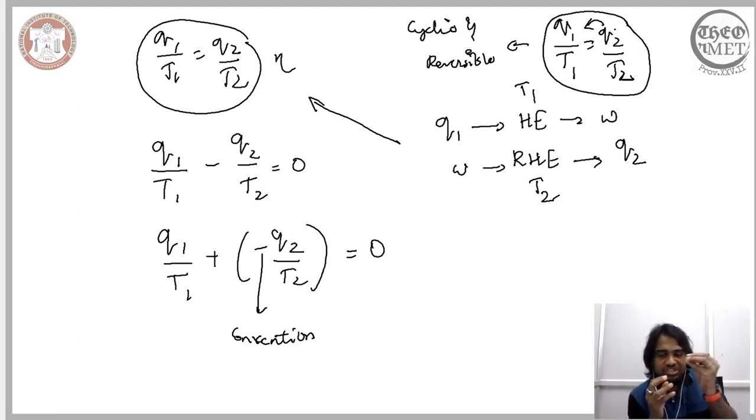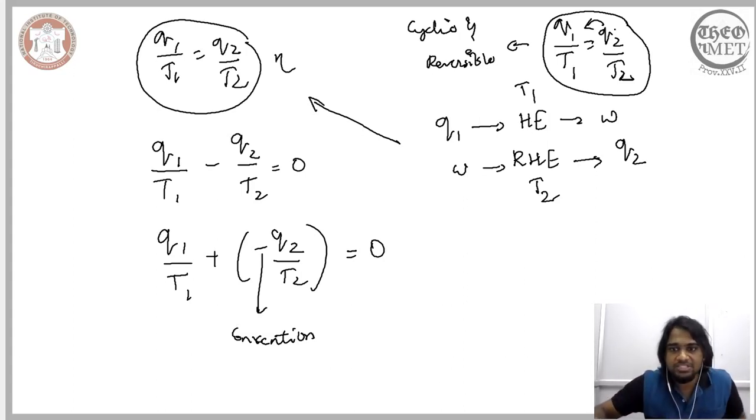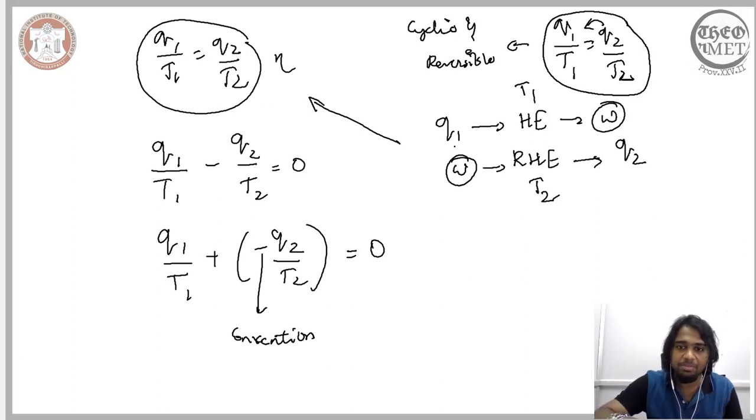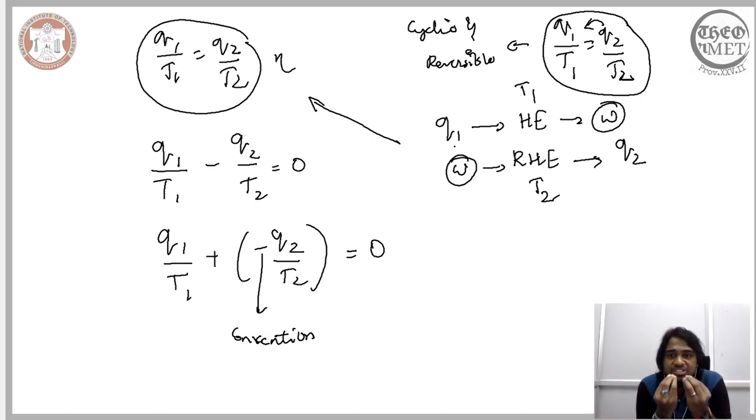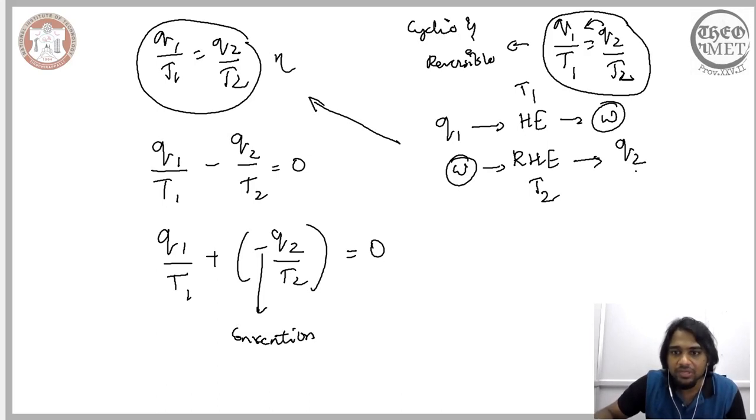Whatever change in the state is brought about by the heat engine is reversed by the reverse heat engine when the same amount of work is fed in. Whatever change in the state is brought about by feeding in the heat input is reversed by the amount of work that is released, and that is what this expression states.